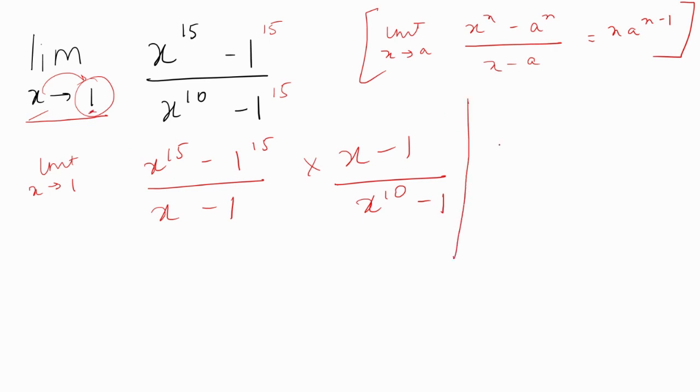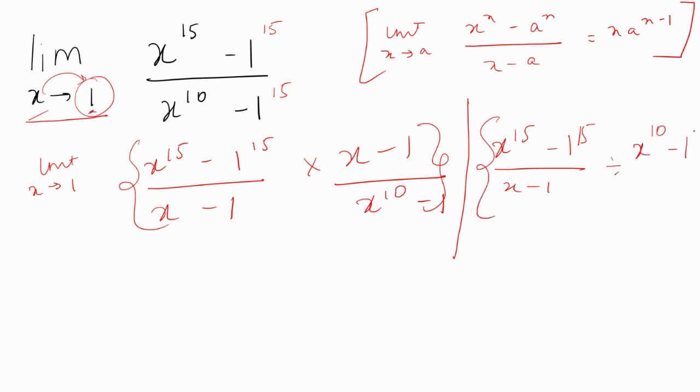So what I actually did was this, x to the power 15 minus 1 to the power 15 by x minus 1. This whole thing is inside the limit, divided by x to the power 10 minus 1 to the power 10 divided by x minus 1, whole thing. Okay.